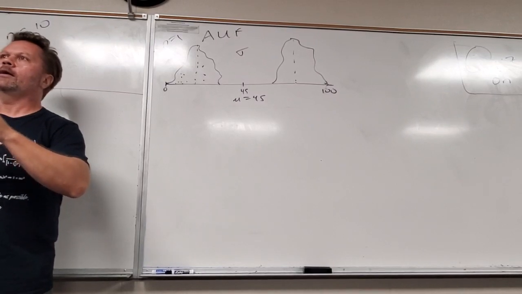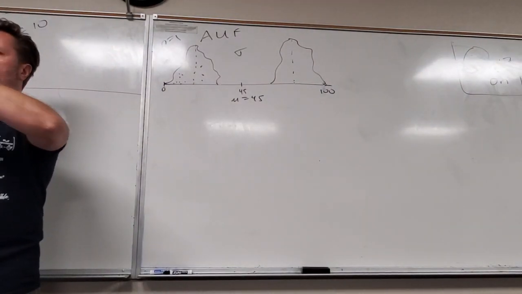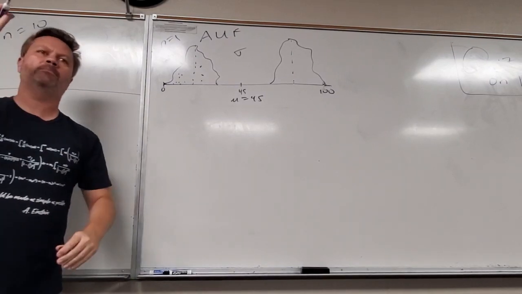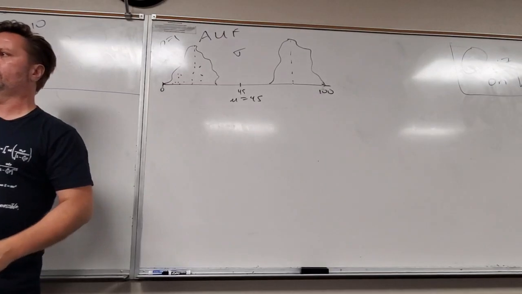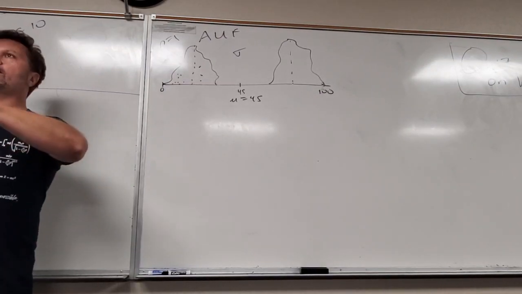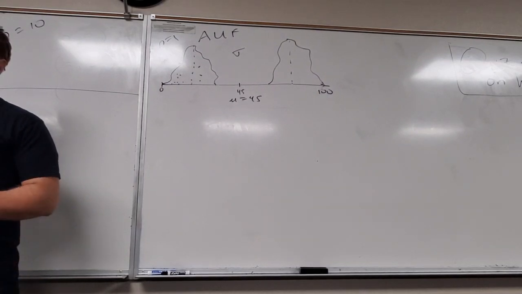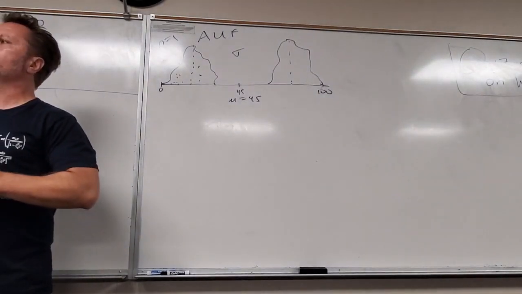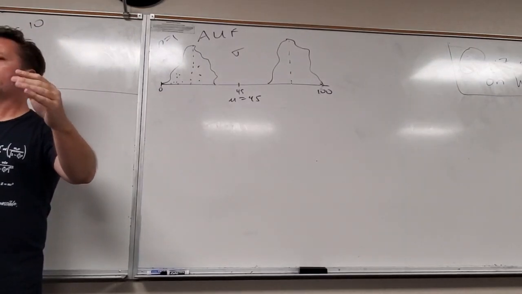Okay. Instead of that, what if I talked to a group of 10 people and I got their ages and I took an average and then I plotted that? Where should the highest peak be? We just said it. Where should the highest peak be? What age? What was the most likely average to get for any group of 10? 45.